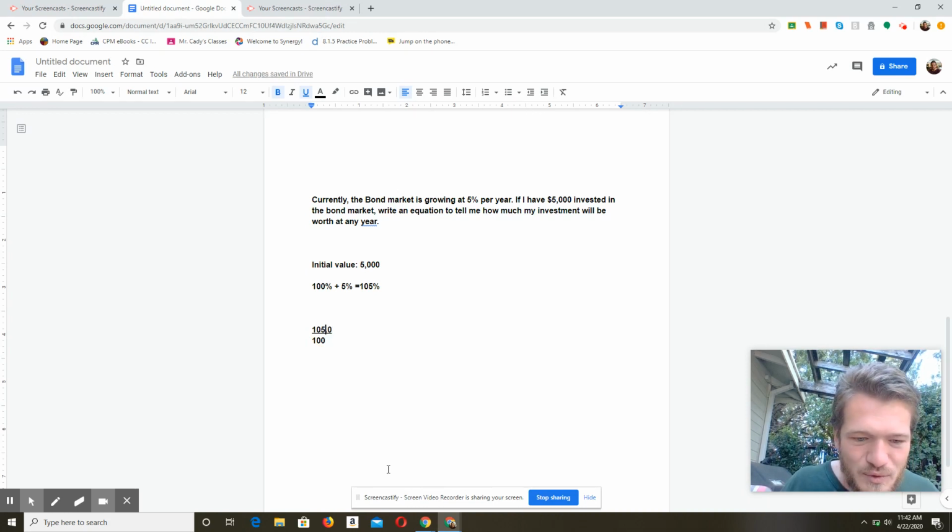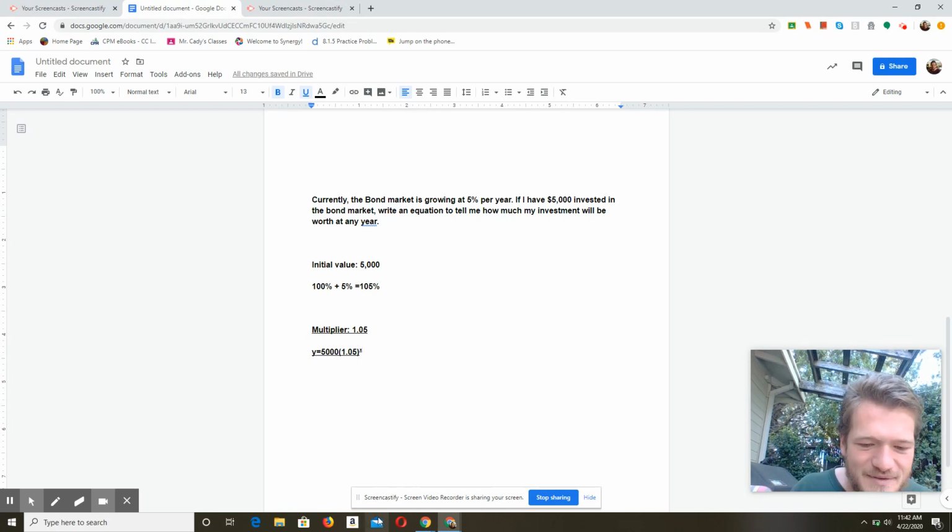Move the decimal over 1, 2, bam, 1.05. 1.05 is the multiplier. 105% is the same as 1.05. So I have the initial value, I have the multiplier. My equation is going to be y equals 5,000 times 1.05 raised to the power of x.